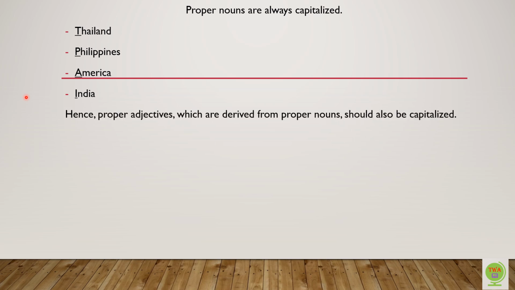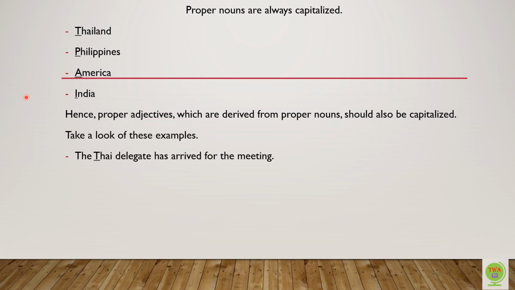Take a look at these examples. Thailand, the proper adjective for Thailand is Thai. The example here is, the Thai delegate has arrived for the meeting. All right, next we have the Philippines. The proper noun will become Filipino as our proper adjective.